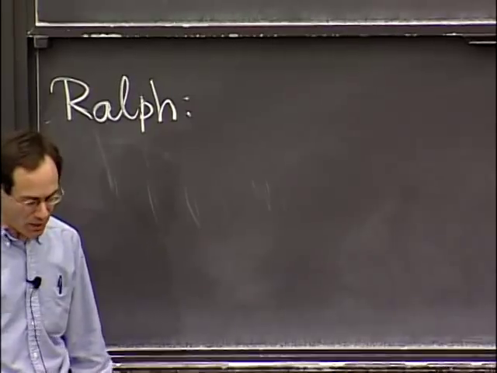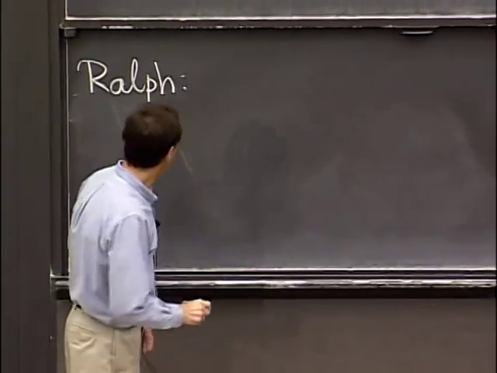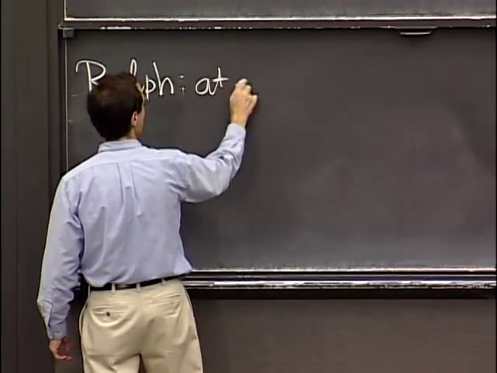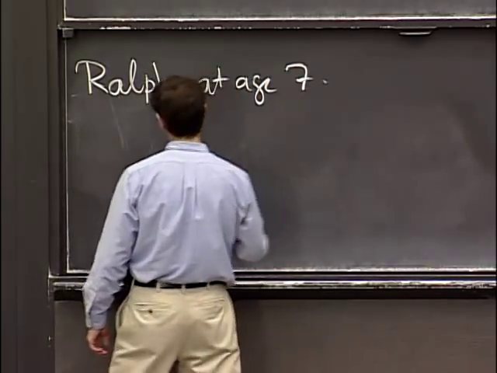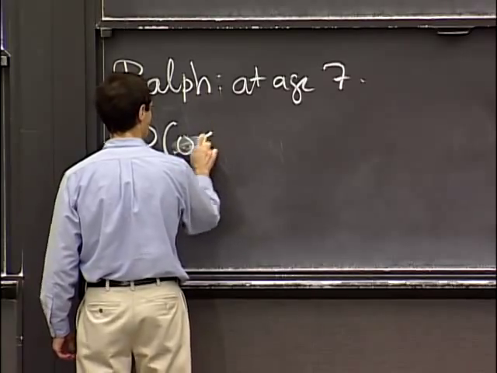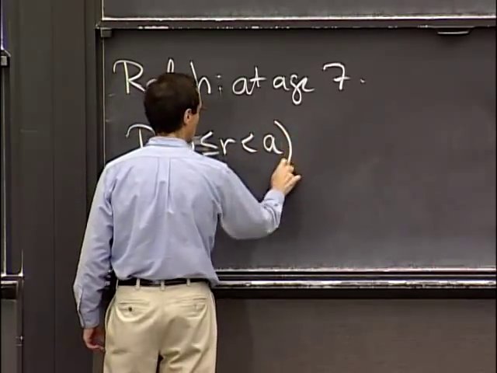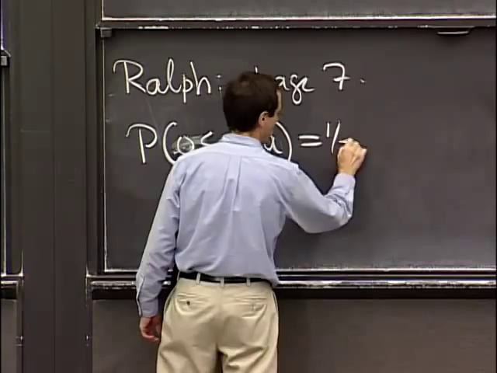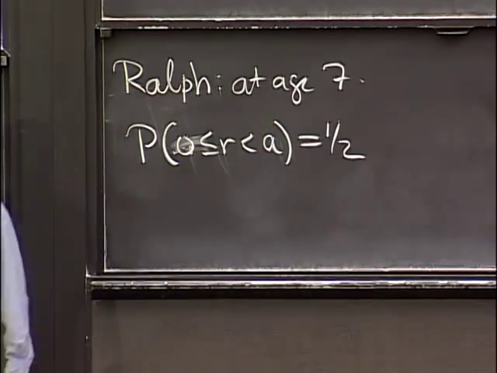For Ralph, at age 7 anyway, later on he got a little better at it, the probability that he hit the target was about a half.